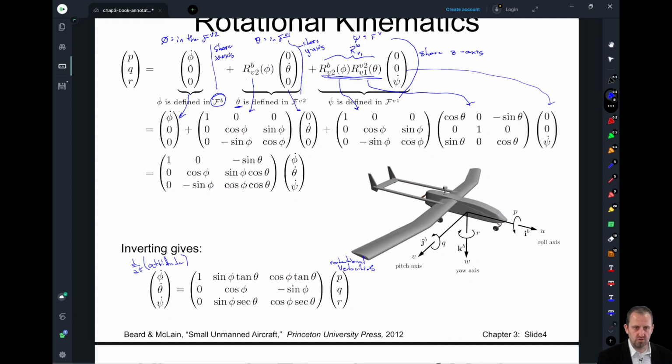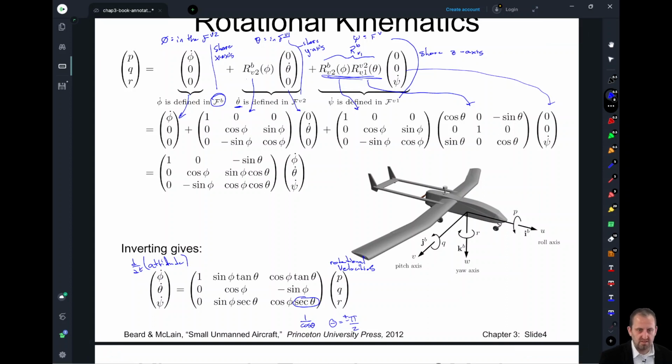Now, I said that this is invertible. That's almost true, right? The one thing you're going to note here is that we end up getting a secant. We have 1 over the cosine of theta, which is problematic. So again, this goes back to when we pitch all the way up, like we just saw in the sim. When we go all the way up, then we have these discontinuities in what our Euler angles are going to be. And so we do have this singularity if theta is equal to plus or minus pi halves.